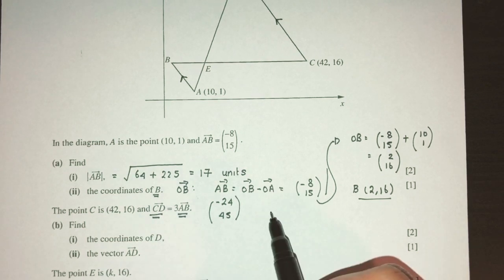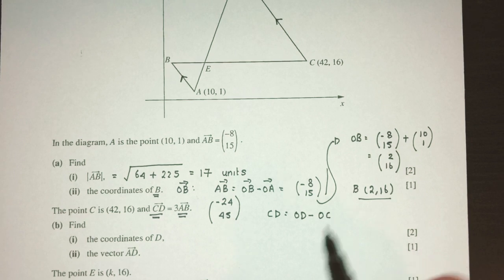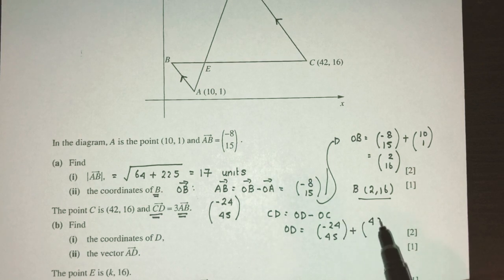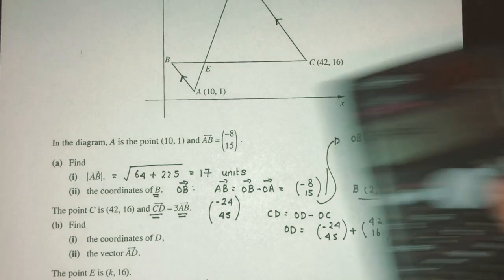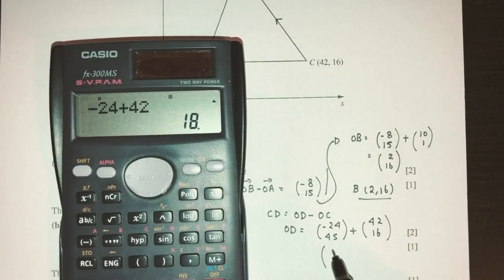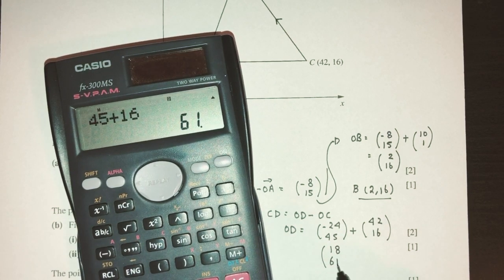So what is CD? CD is OD minus OC. So to find OD, we have (-24, 45) plus OC, which is (42, 16). So -24 plus 42, that will be 18, and 45 plus 16, that is 61.